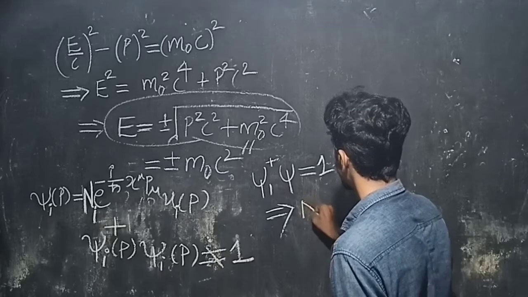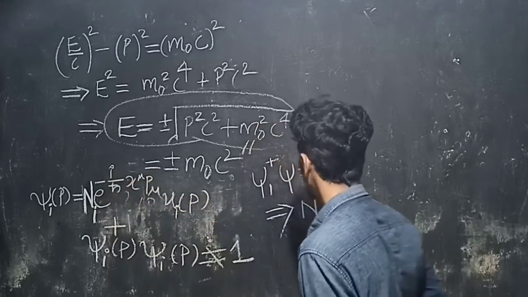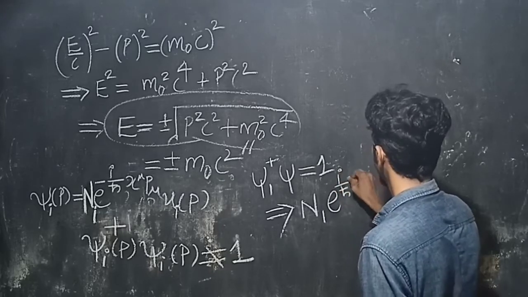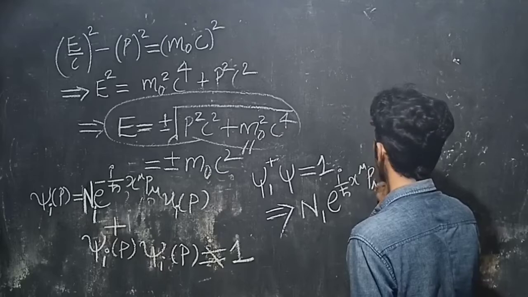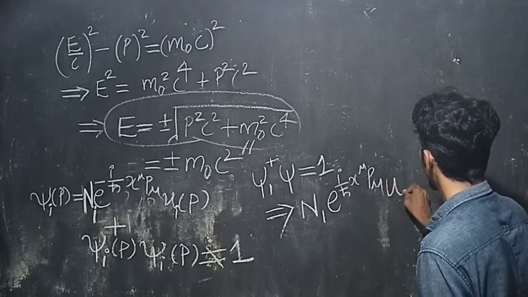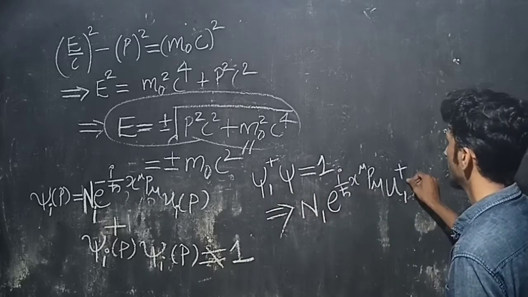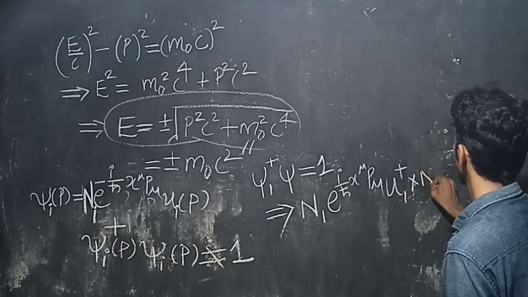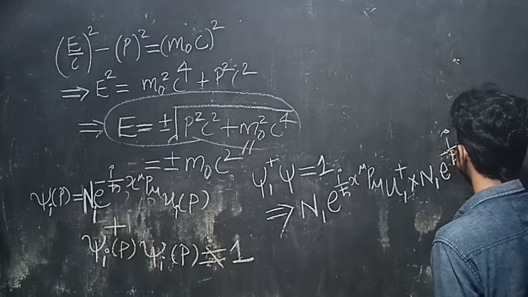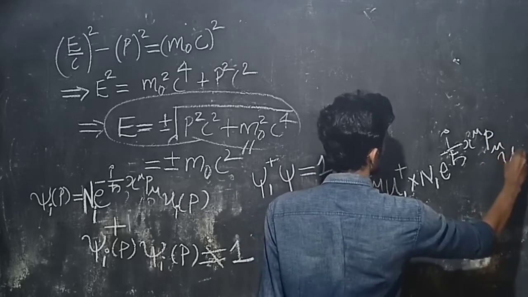So N1 dagger is actually N1, and the complex conjugate of this exponential part is e to the power i over h cross x mu p mu, and the complex conjugate of u1 is u1 dagger times the psi 1, which is N1 e to the power minus i over h cross x mu p mu u1.